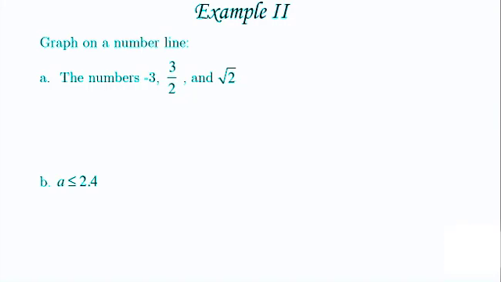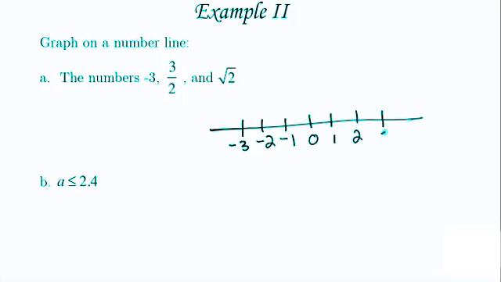The second example is asking us to graph the following 2 situations on a number line. The first one, A, asks me to graph the numbers -3, 3/2, and the square root of 2. So -3, -2, -1, and then I have 0, 1, 2, 3.